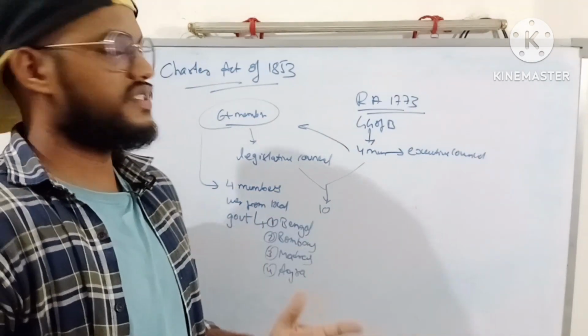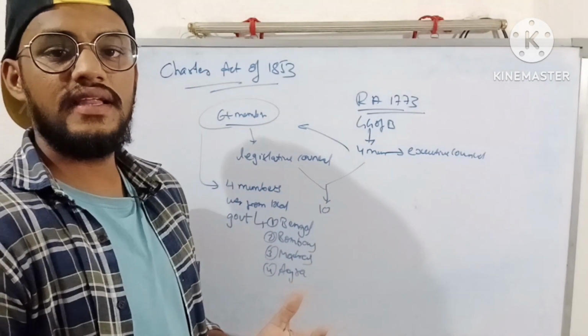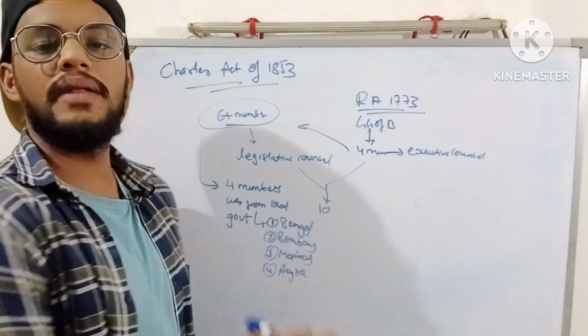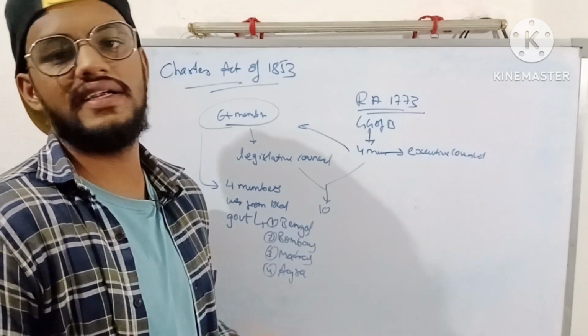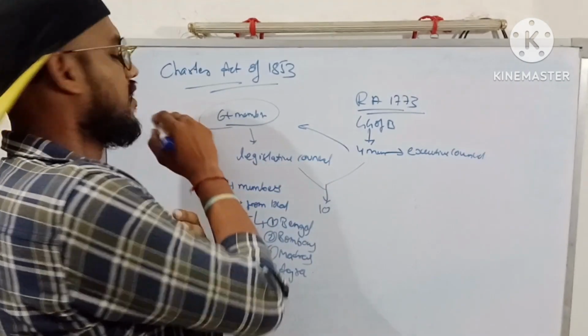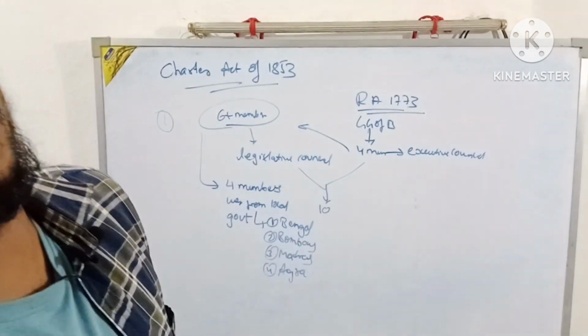So, in the first provision, six members have been increased. Those members were called as Legislative Council, and a local representation has also been mentioned in the Charter Act of 1853. So, this will be our first provision.